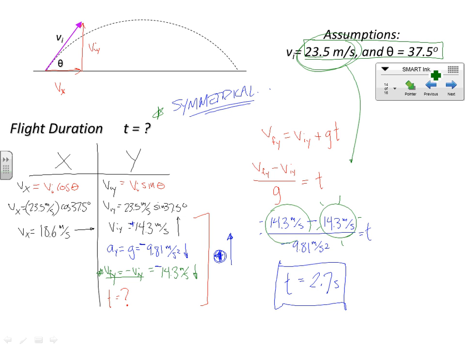Because notice, this is VFY downward, VIY upward, G downward. Okay, we can mix ups and downs in one equation, but you can never mix a VI this way and a VF this way and a G this way in one equation. Couldn't do that. Of course not. Okay, so there's a typical hang time problem.